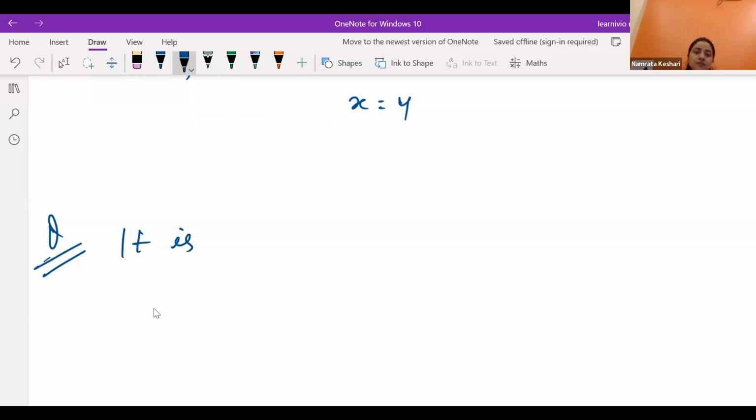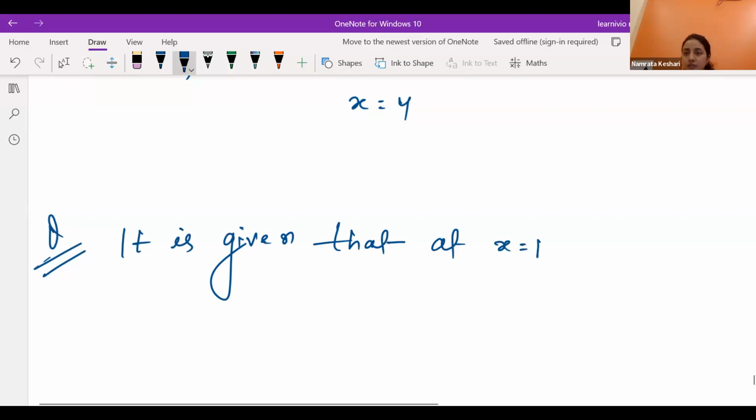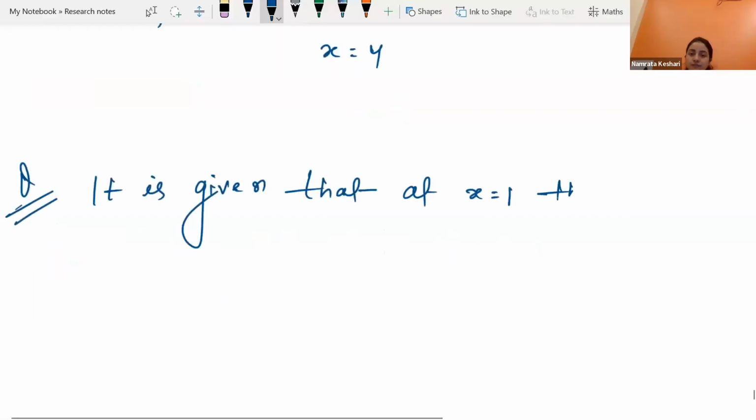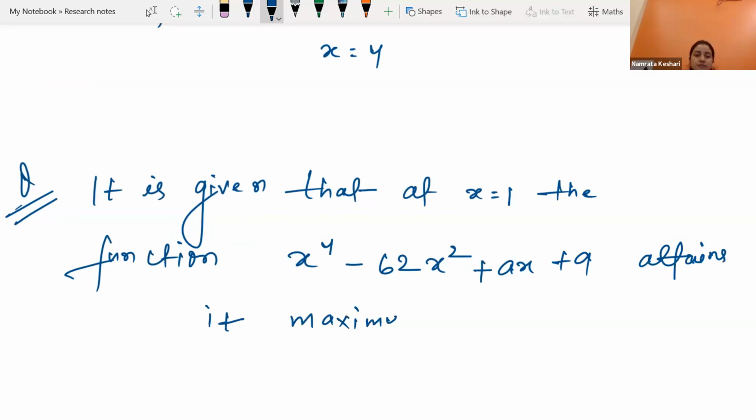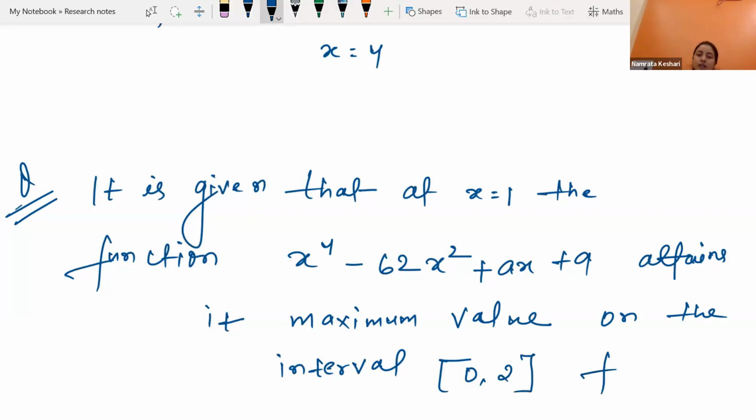It is given that the function x to the power 4 minus 62x square plus ax plus 9 attains its maximum value at x equals 1 on the interval 0 to 2. Find the value of a.